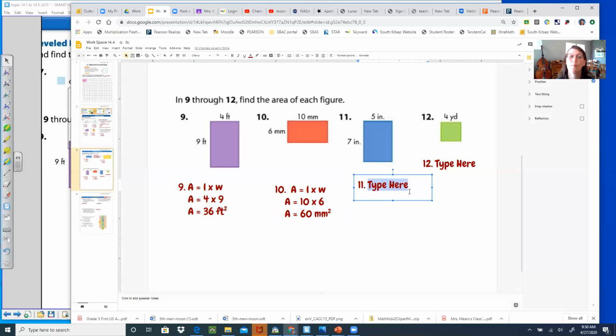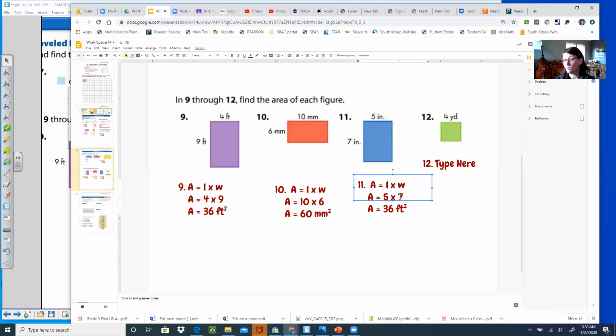Okay, well, let's plop our stuff in there, get rid of the 9. So our formula is still length times width. It's not 4 times 9. This one has a width of 5, so I'm going to change that 4 to a 5. And it does not have a length of 5. Its width is 7.